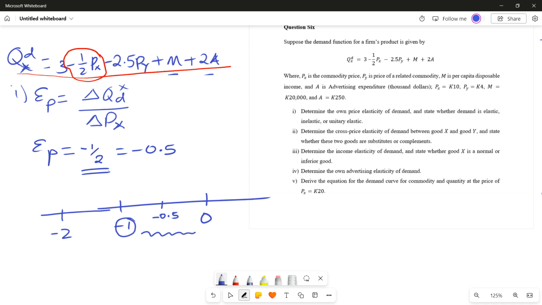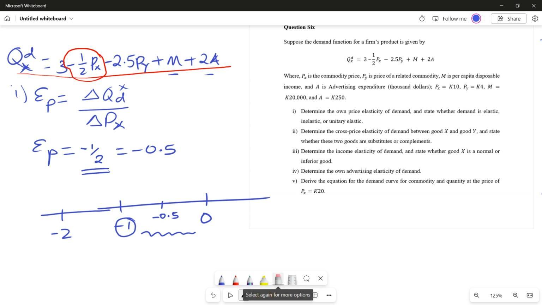So just look at the degree of negativity. Is this negative answer between 0 and -1? If it's between 0 and -1, then demand is inelastic. If the answer is exactly equal to -1, then it means that demand is unitary elastic. And if the answer is more negative than -1, let's say it's -1 point something, -2, -3, -4, then demand is elastic.